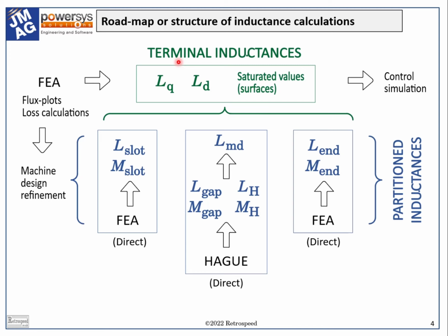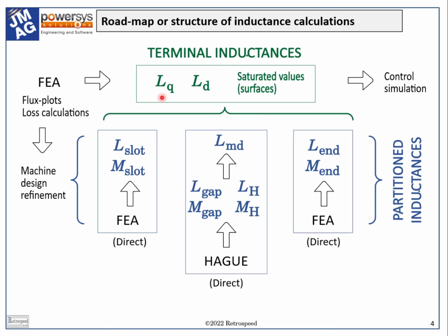They include the phase self-inductance, L phase and M phase, and in synchronous machines, the synchronous inductances LD and LQ shown here. In non-salient pole machines, LD and LQ are both nearly equal to L phase minus M phase, although these relationships are modified by saturation.